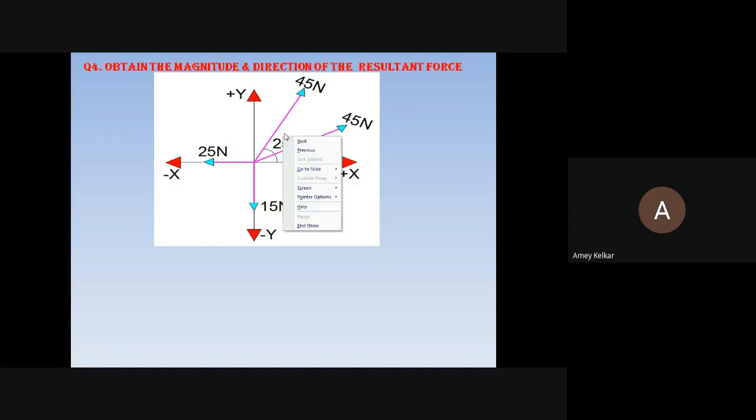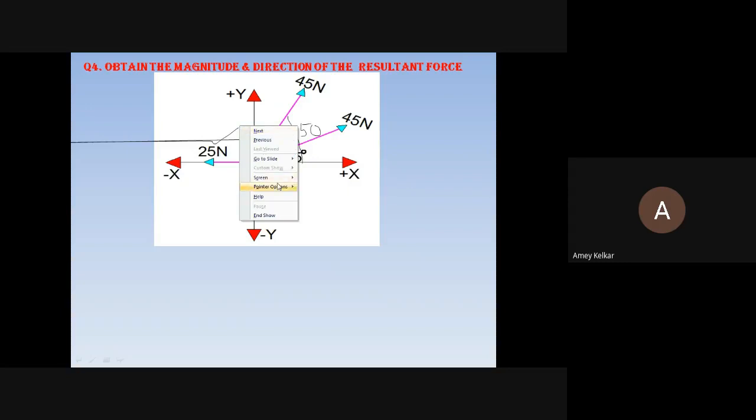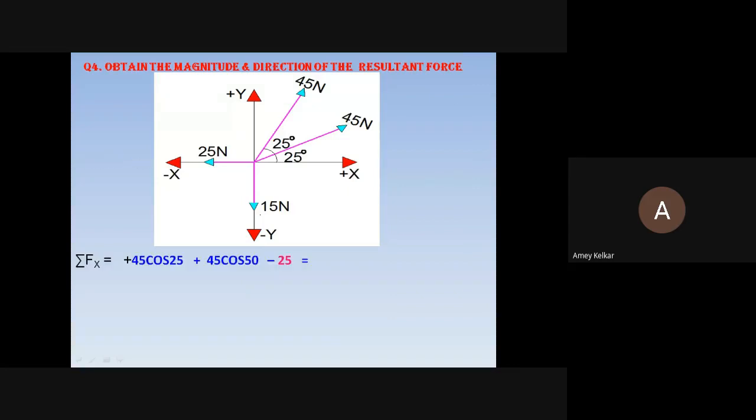So always remember, the angle of the second force has to be taken as 50 degrees, not 25 degrees, because it's 25 plus 25 with respect to the axis. The different thing was this force was acting along the x-axis only, and this was acting along the y-axis.